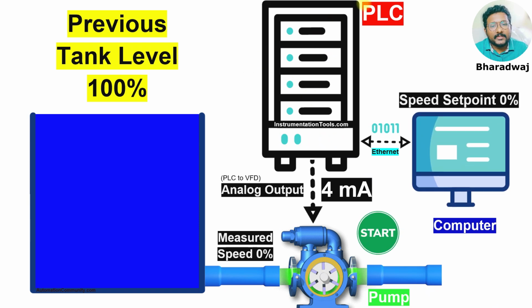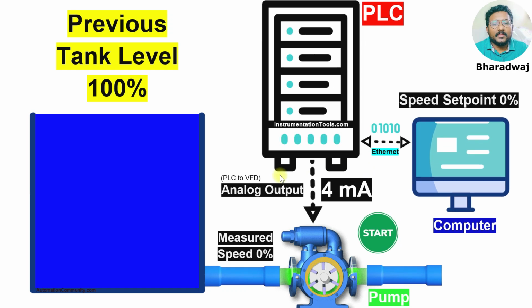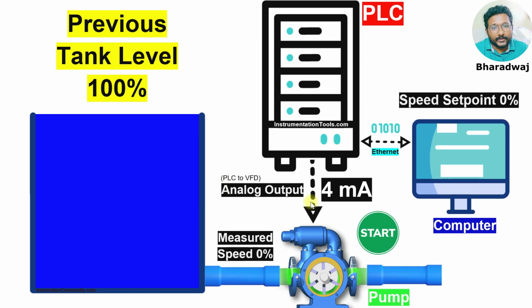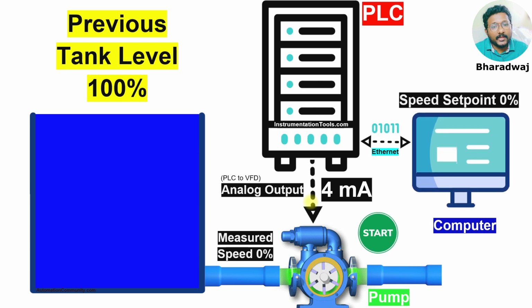Then the PLC sends that current signal to the pump. That is why this is analog output: the PLC sends the current signal to output devices like the pump, I mean the VFD.